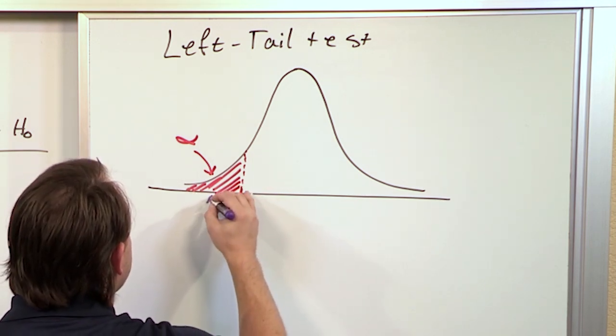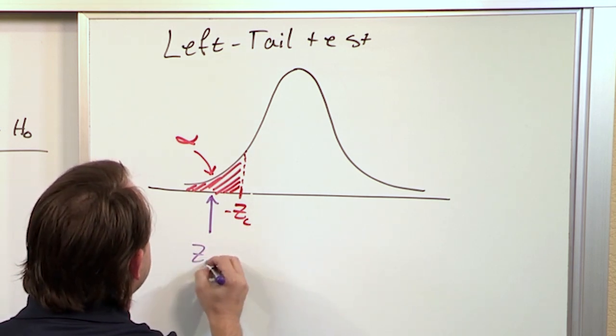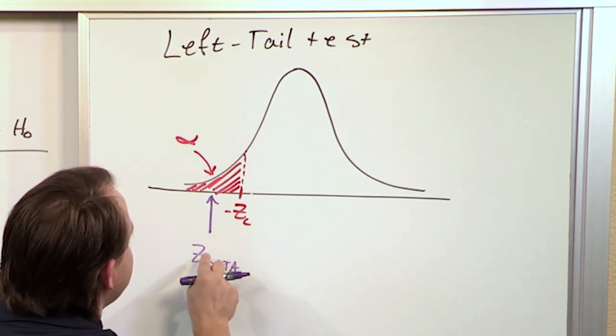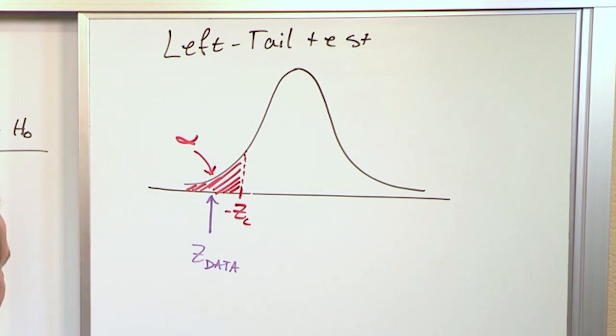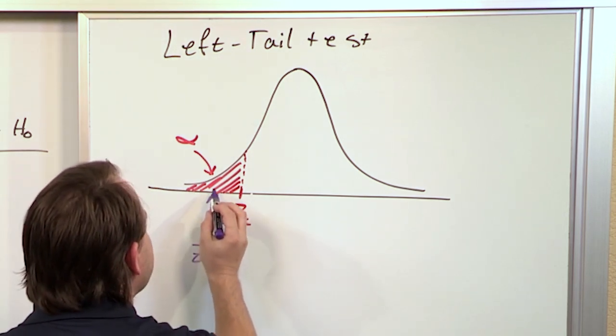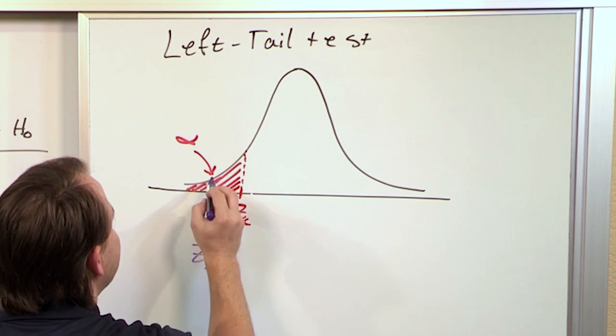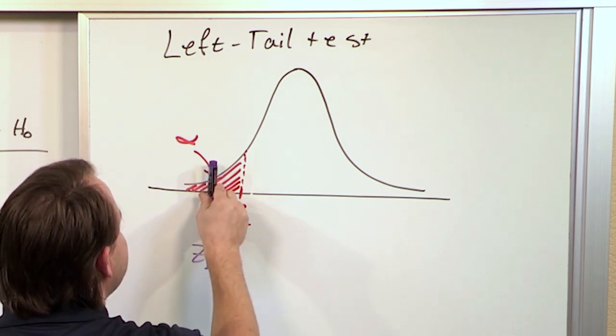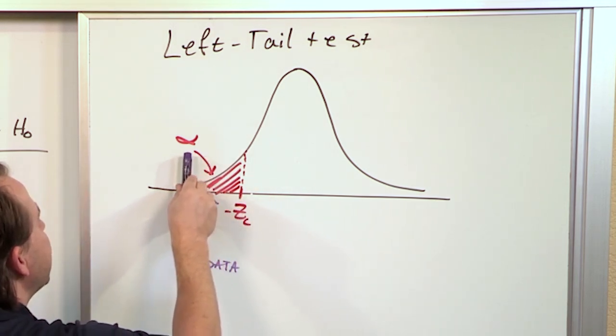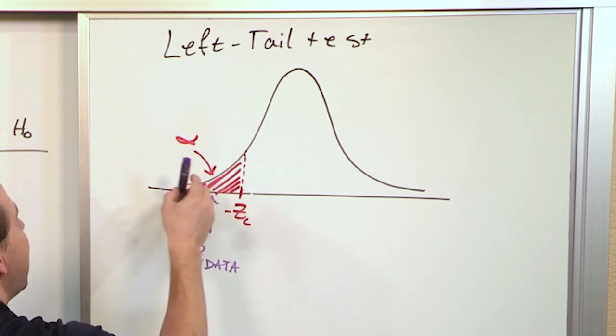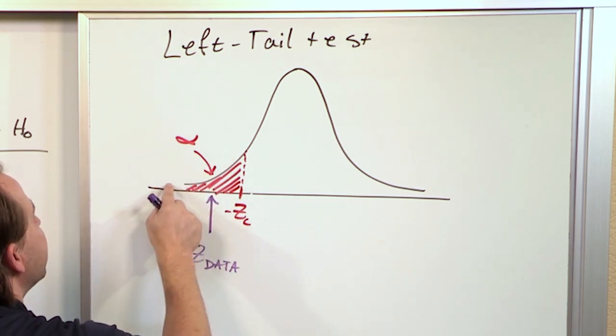Let's say maybe over here. I'm going to say this is z data. This is the test statistic that comes from the data. So what would be the p-value associated with this data? Well, I would have a dotted line here, and it would be the probability of getting a data value more extreme than the data set that I have, which would be an area from here to the left.